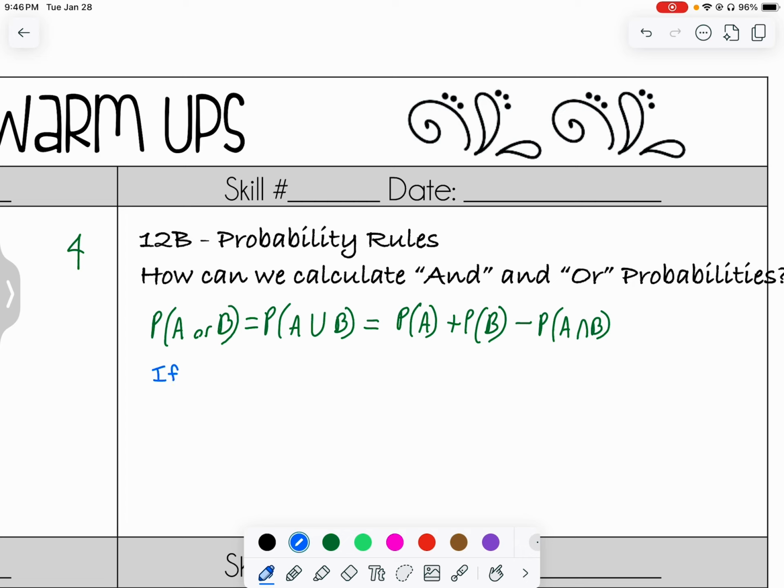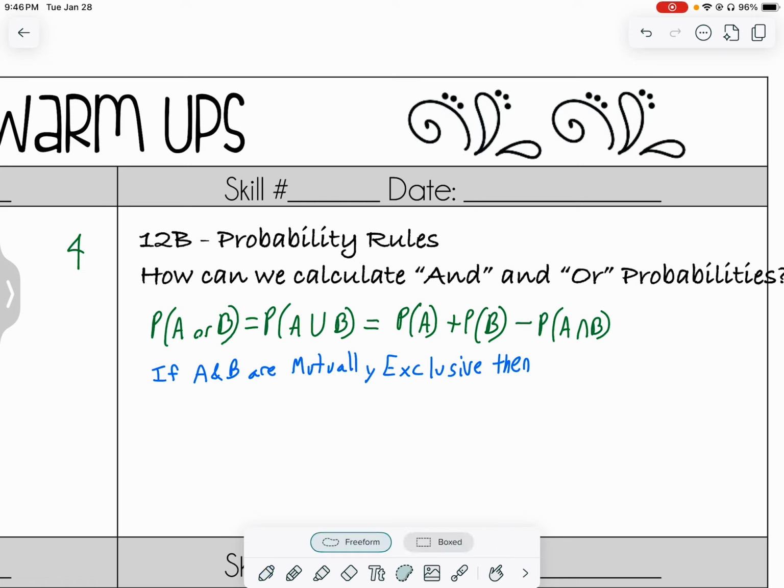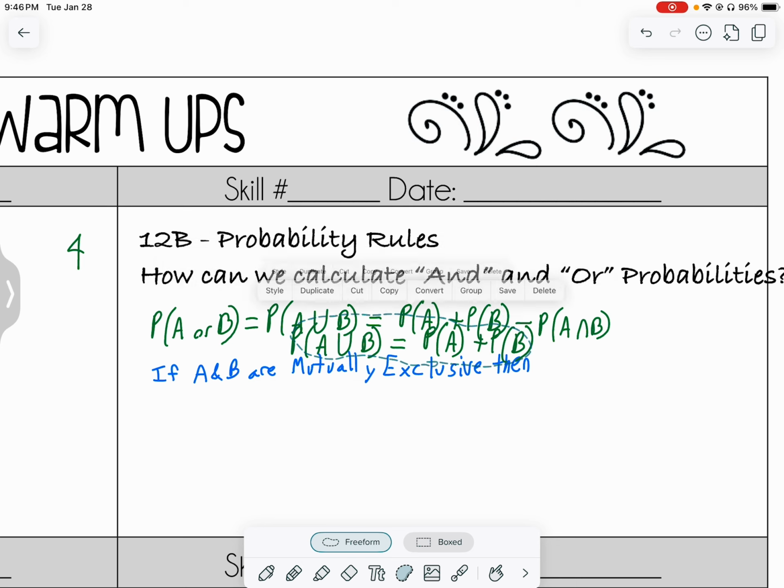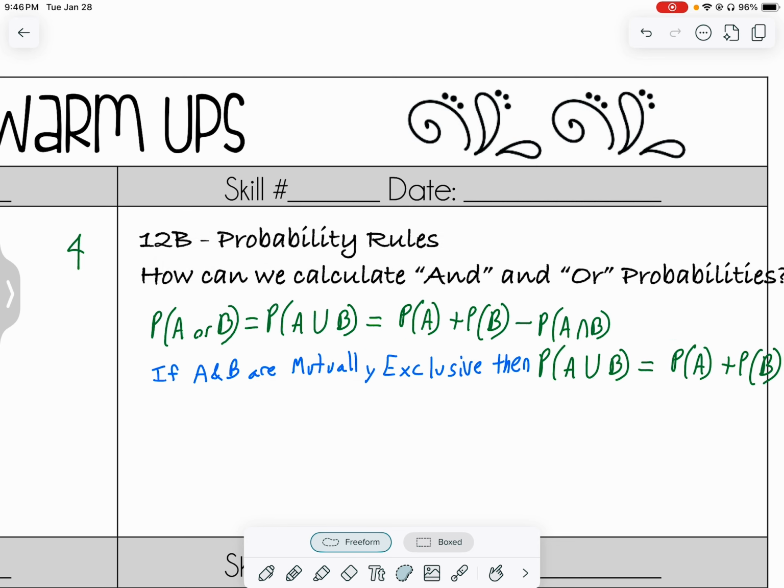If A and B are mutually exclusive, then the probability of A or B is equal to this.